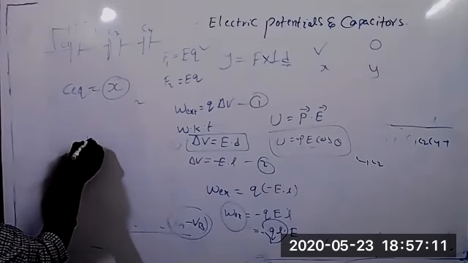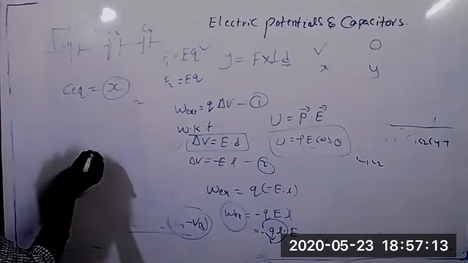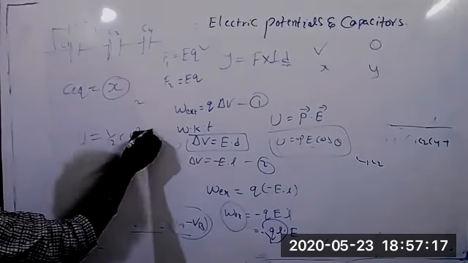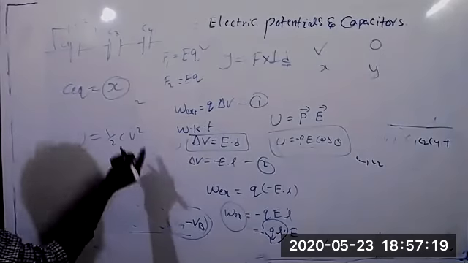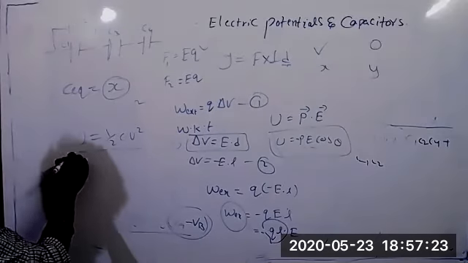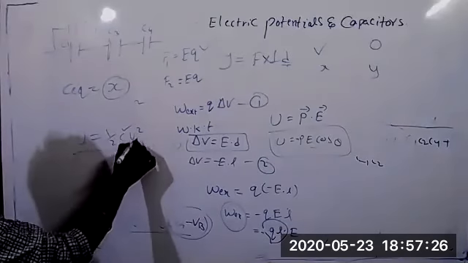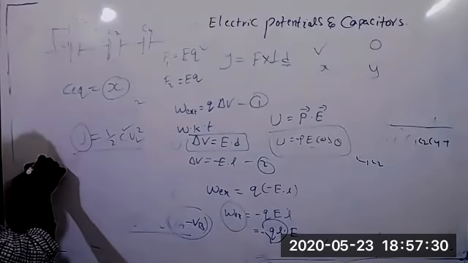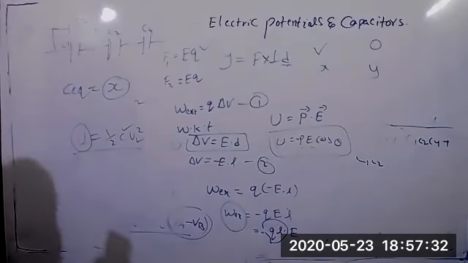Because the formula is there for energy stored in the capacitors: U equal to half CV square. In terms of Q also there is a formula. By using these formulas, we can find C, we can find V, we can find energy. Whatever formulas we have, we should arrange them. These are very important.